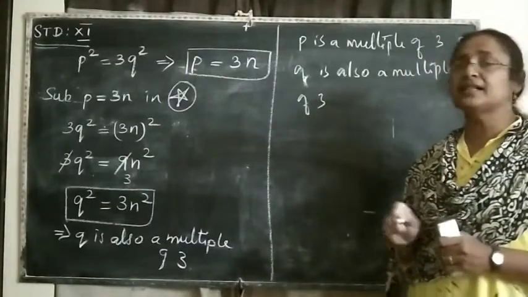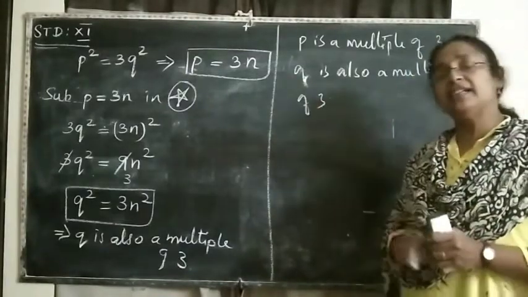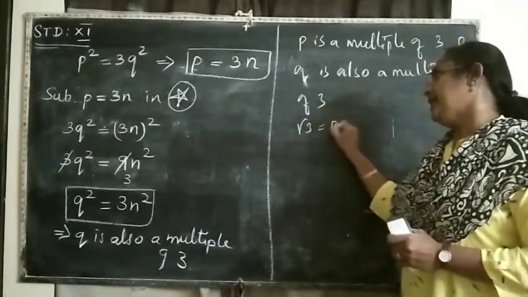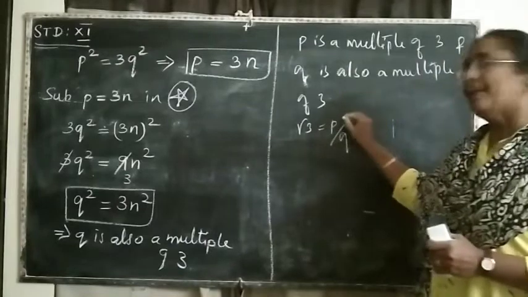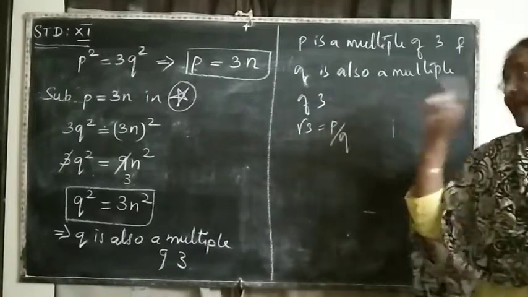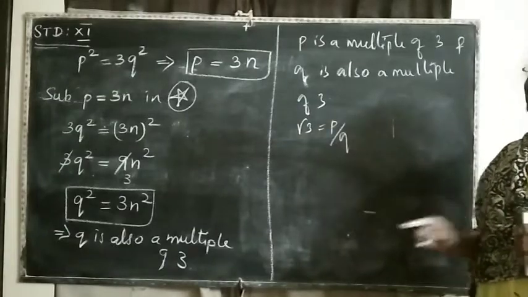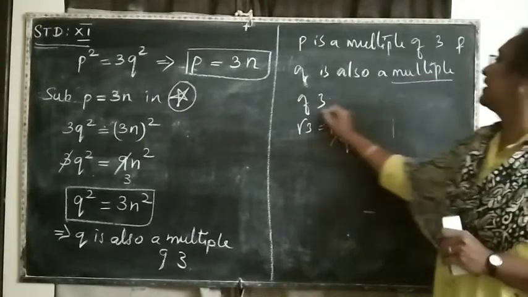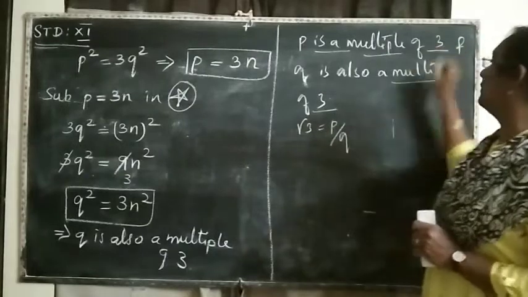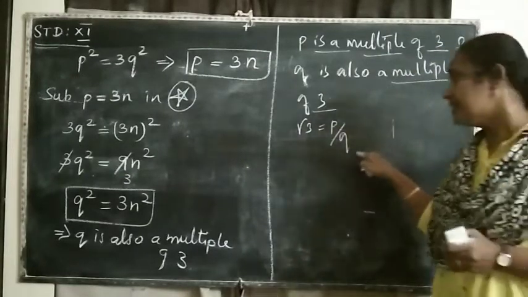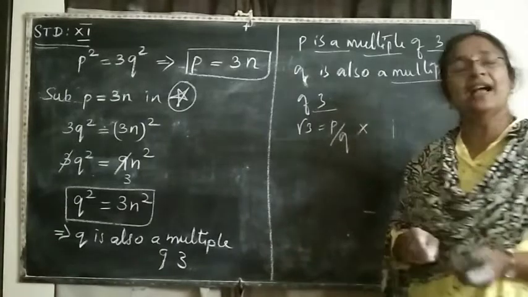What is the contradiction? In the earlier step, we assumed root 3 is equal to p divided by q, where p and q are integers and p and q have only 1 as a common factor, isn't it? But here we are saying p and q are multiples of what? 3.